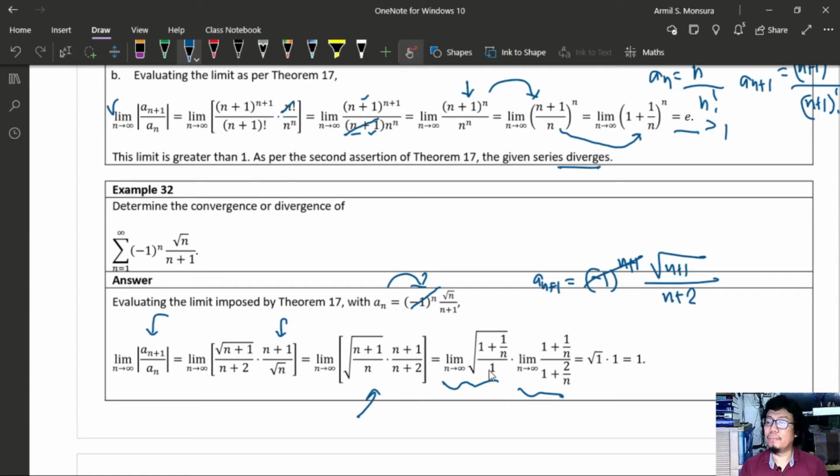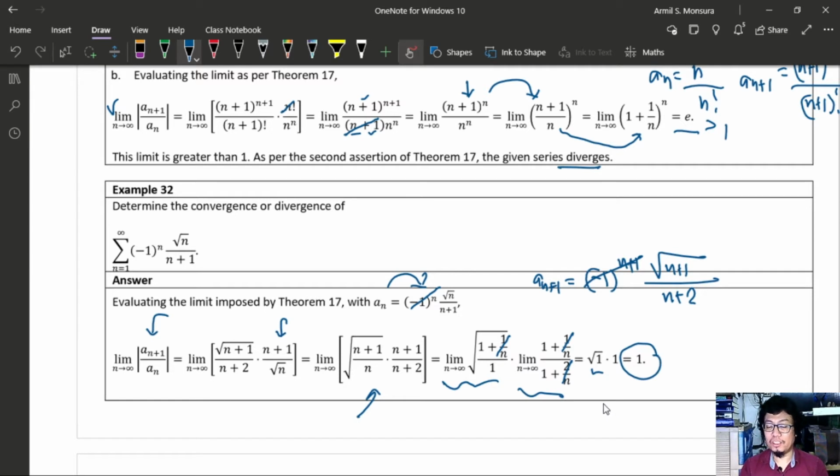Basically, I divided the terms inside by n, so you'll have 1 plus 1 over n over 1. If you get the limit of this, it becomes 0 still. So this becomes the square root of 1. While here, this becomes 0 and this becomes 0. Therefore, the limit of this is 1 over 1, or 1. So basically, the limit is 1.